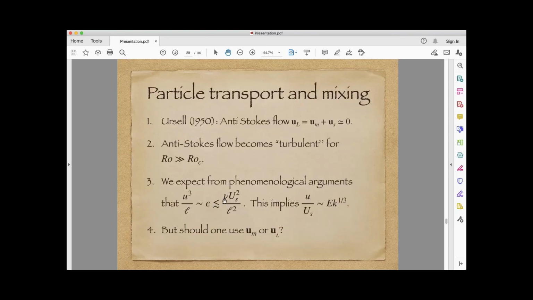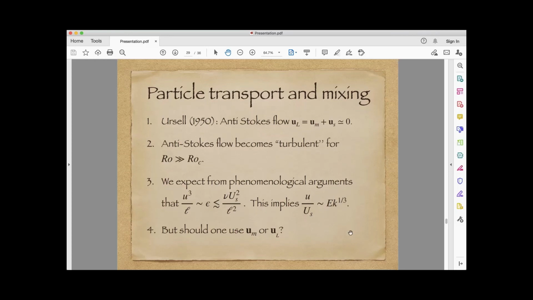So it should be less than or equal to nu Us squared over L squared. This is what we find from the bounding theory. This basically implies that the mean Eulerian velocity field over the velocity of the Stokes drift is of the order of Ekman to the power 1/3, because you have viscosity here, so there's an Ekman number.